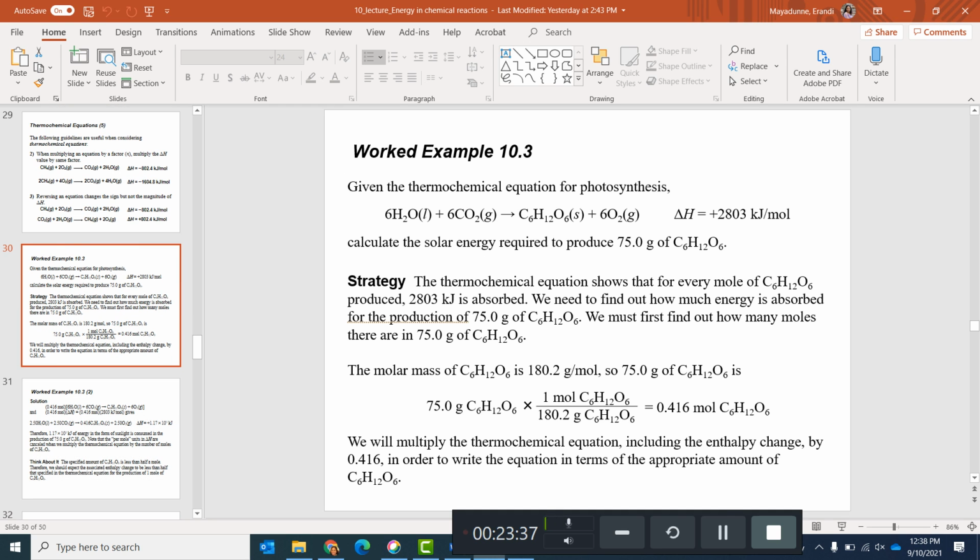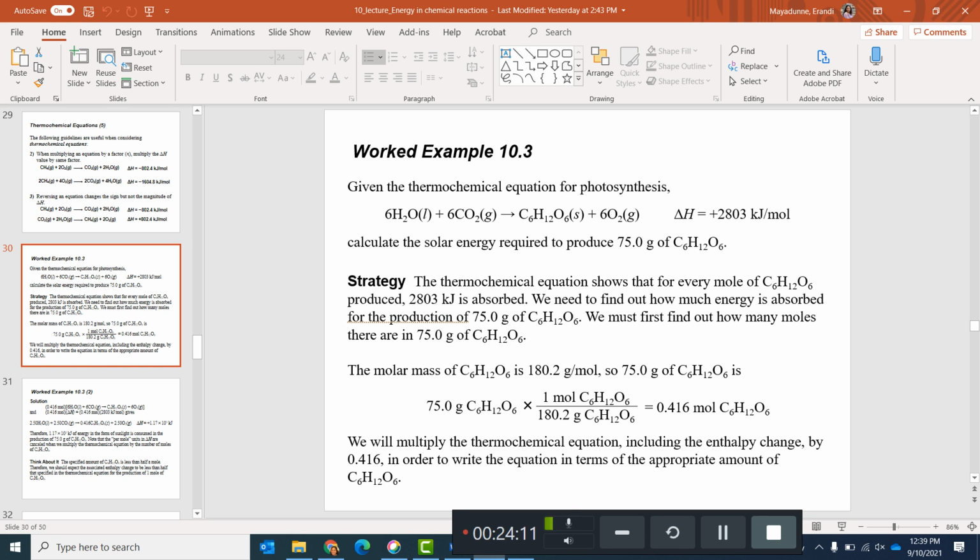I have a question now. Given the thermochemical equation for photosynthesis is this one, and the energy is positive 2803 kilojoules per mole. Calculate the solar energy required to produce 75 grams of glucose. So this is 1 mole of glucose, right? You see in this equation, for 1 mole of glucose, you need 2803.